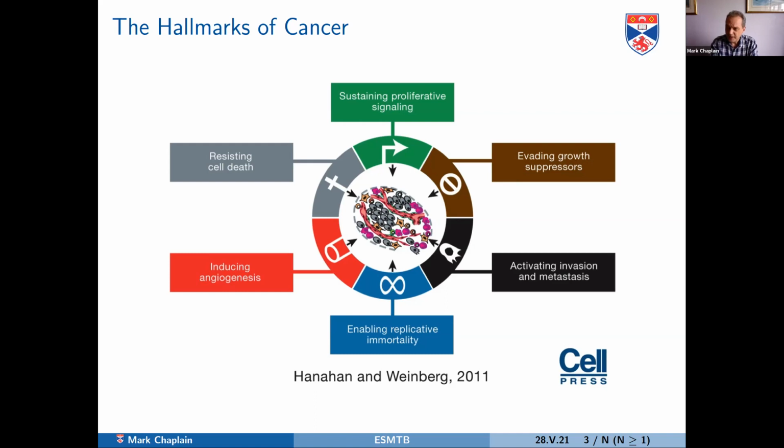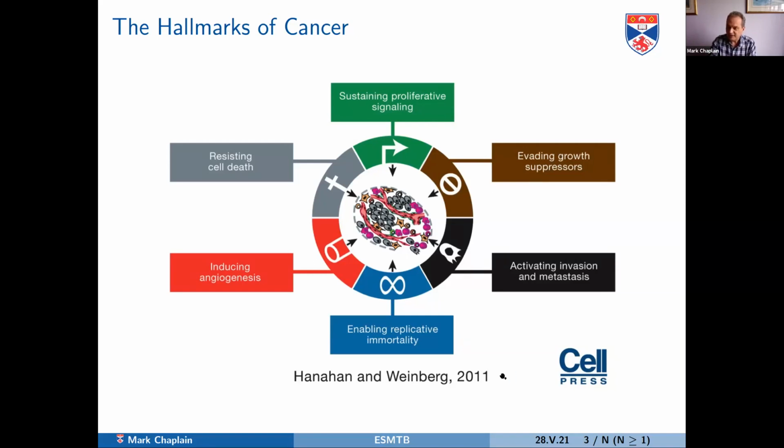In their original paper published in 2000, Hanahan and Weinberg focused on differences between cancerous tissue and normal tissue, and cancerous cells and normal cells. They tried to get a minimum set of things that they felt made cancer different from normal tissue and normal cells, and they came across 6 key points, which they called hallmarks. These are known as the hallmarks of cancer. In a more recent paper in 2011, they updated things a little bit, but the basic hallmarks remain the same.